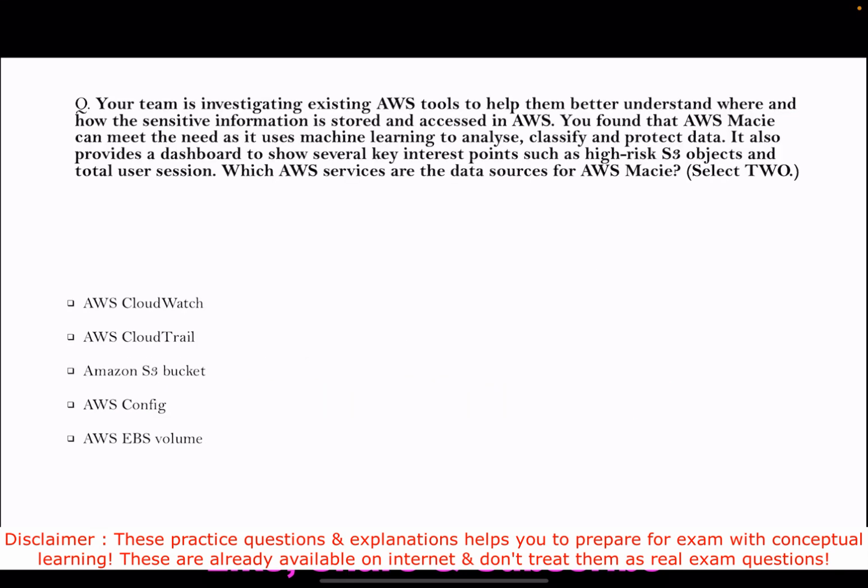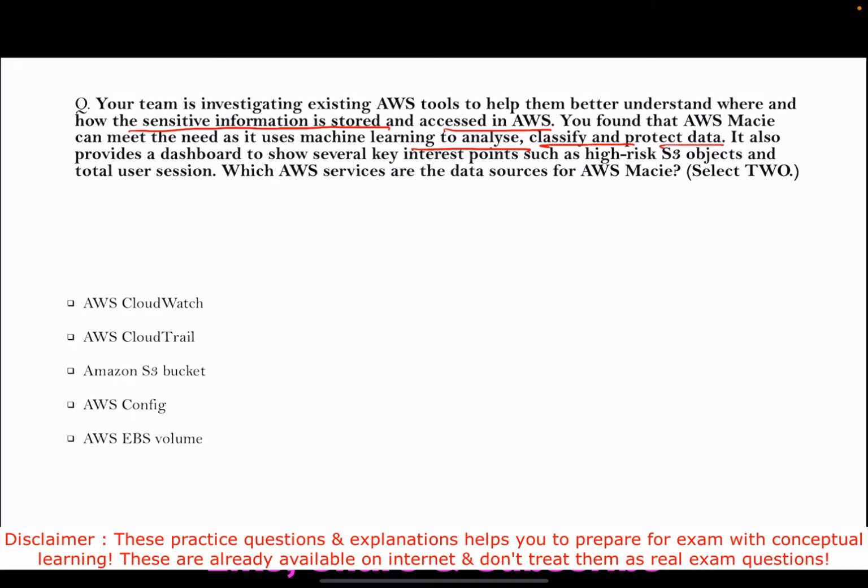Your team is investigating existing AWS tools to help them better understand where and how the sensitive information is stored and accessed in AWS. You found that Amazon Macie can meet the need as it uses machine learning to analyze, classify, and protect data.